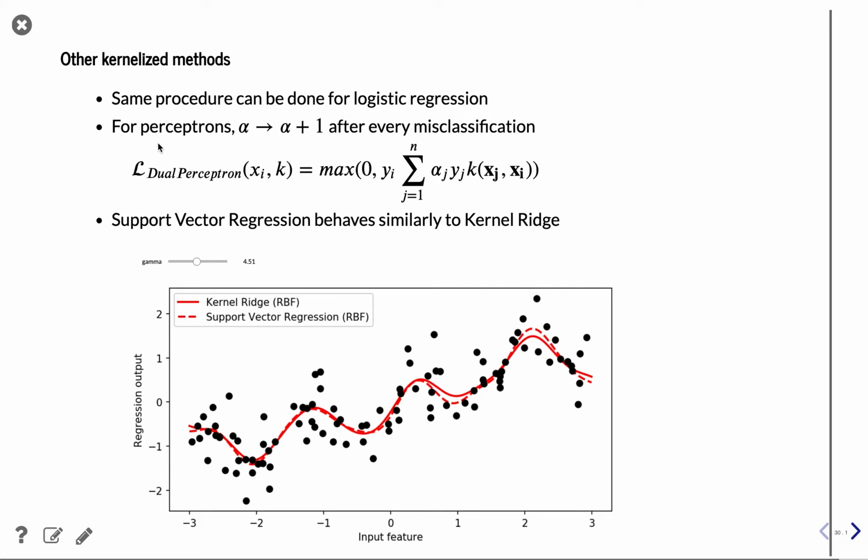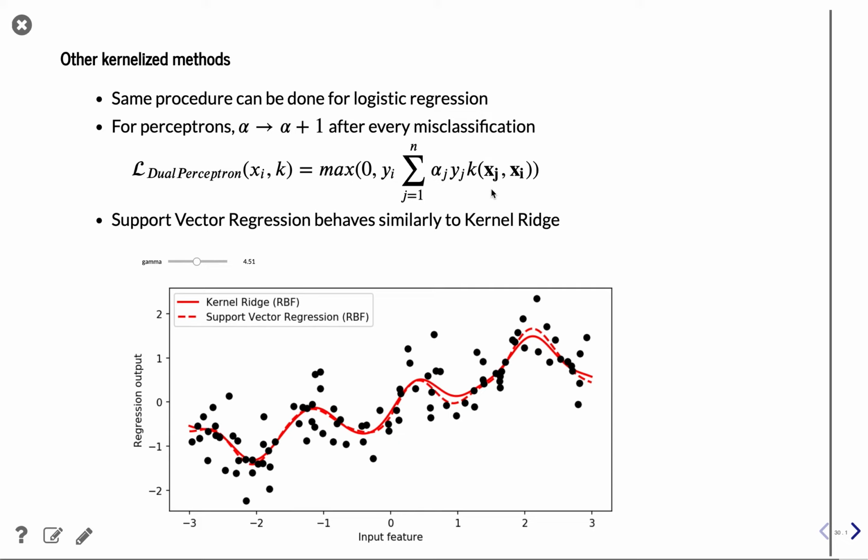We saw there that the loss of an individual point was defined by whether that point makes a misclassification. Right? If it makes a misclassification, it means that either y_j is negative and y_i is positive, or vice versa. So if it makes a misclassification, then we update the weights of our perceptron by replacing the weights with the linear combination of our coefficients with the kernels.